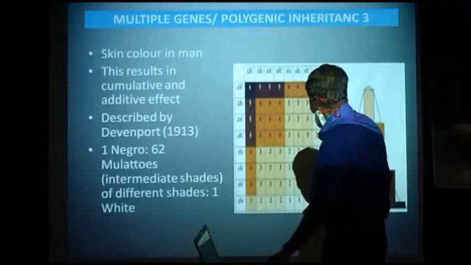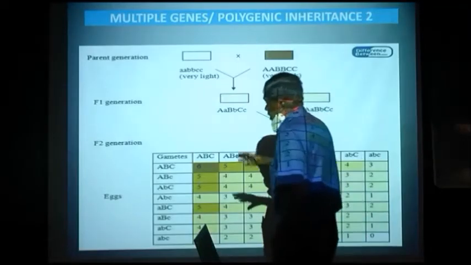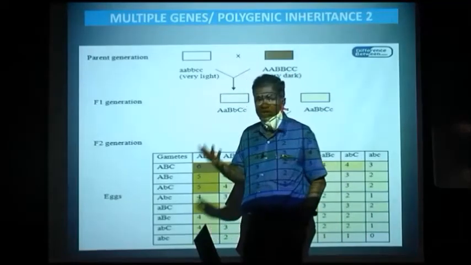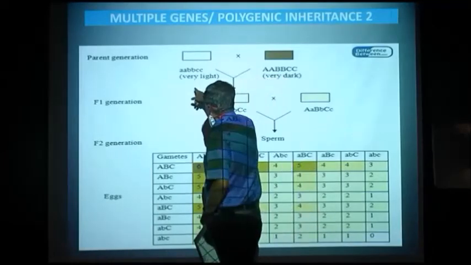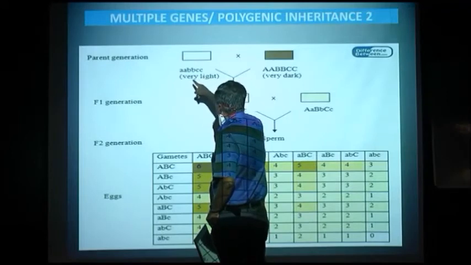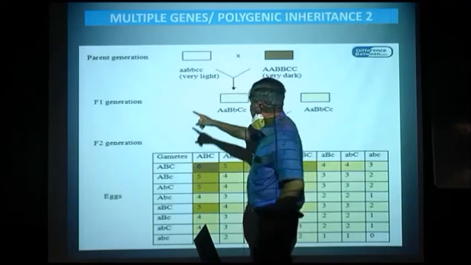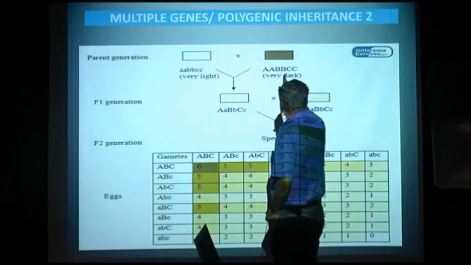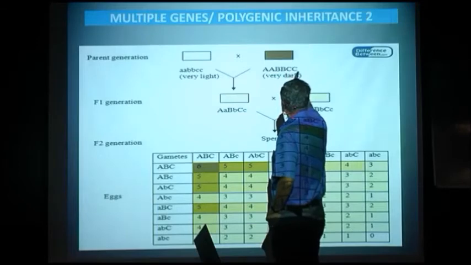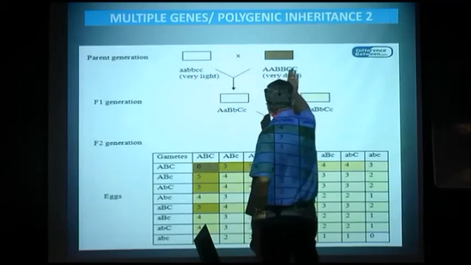Now, you can look here. How many genes are responsible? More than 2. It may be many, but here we are taking the example of small a and capital A: small a, small b, small c, and capital A, capital B, capital C. This is very light, this is very dark.